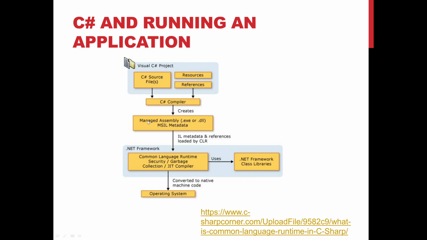Then in that compiler, we can either create an executable, which can be a self-contained executable that can run without having the framework compiled with it, or we can produce a DLL, a dynamic link library, which you could think of as a component or a module that you would use inside another program.